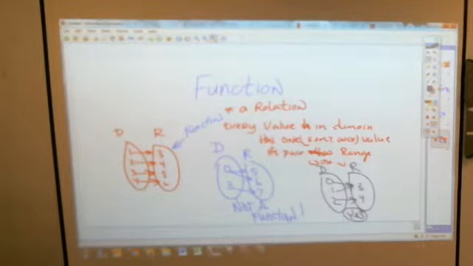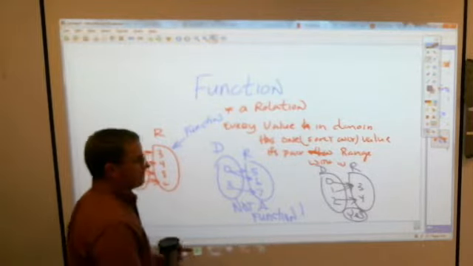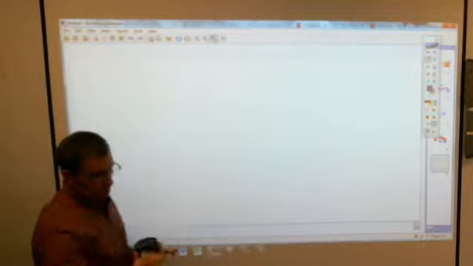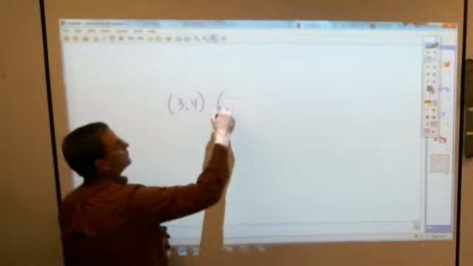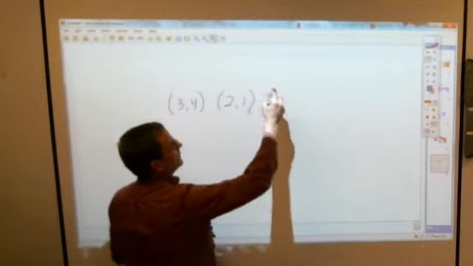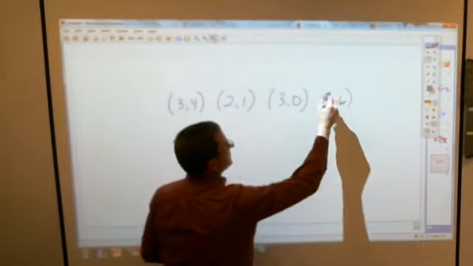Now, because of that, you should be able to look at just ordered pairs. Let's say I've got this set of ordered pairs: (3, 4), (2, 1), (3, 0), and (5, 6).